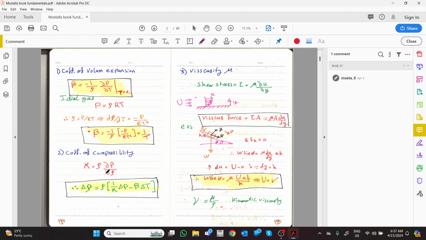For the coefficient of compressibility, it is rho dv by d rho. The general term is that the change in density is equal to the density multiplied by the first coefficient multiplied by delta T, and the second coefficient inverse multiplied by the delta P. Okay, it is very simple.